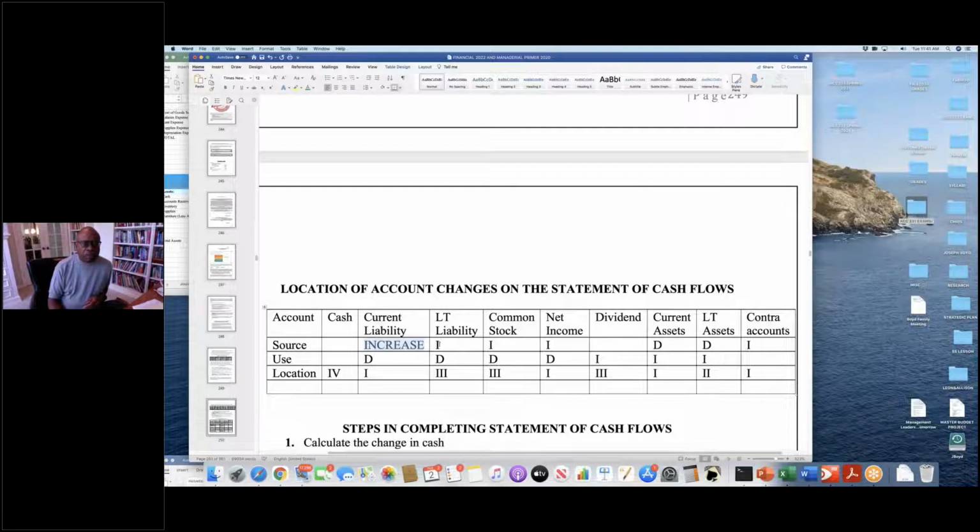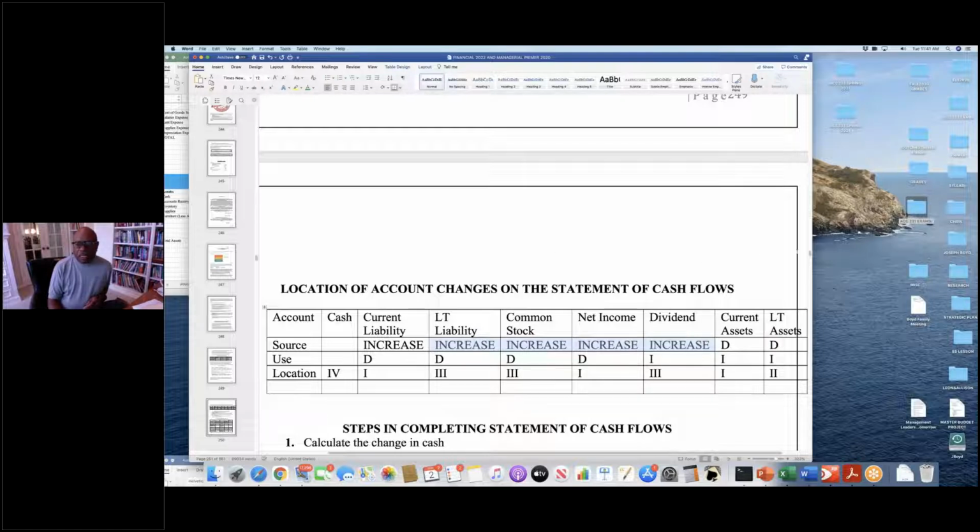Copy. I'm just changing these to increase so you can see them, so you're not confused, and paste. Kind of running out of space here. Let's just see.